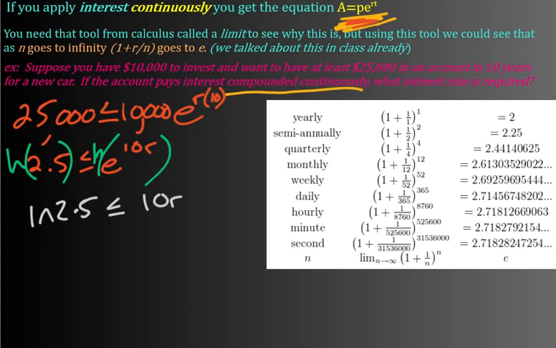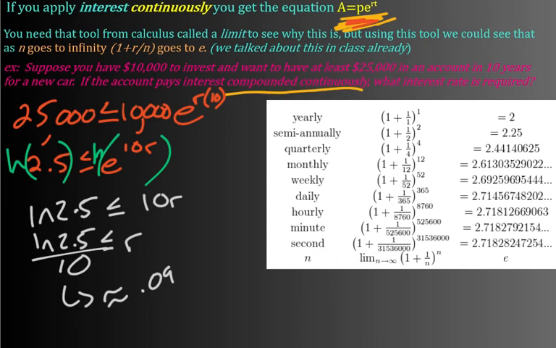And then if you divide by 10, r has to be greater than or equal to natural log of 2.5 over 10. And this is about 0.09, so about 9%, which is an absolutely insane interest rate that you would never, ever get.